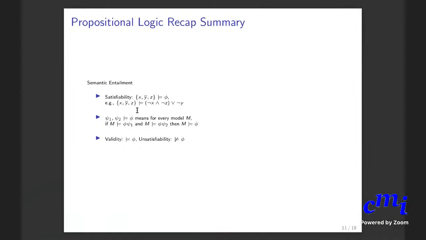Yeah. So propositional logic, the recap, a summary of what we discussed last time. What we introduced was the syntax as well as mainly the semantics, and especially we defined in some detail the semantic entailment, that is the double turnstile, for the element which was satisfiable.